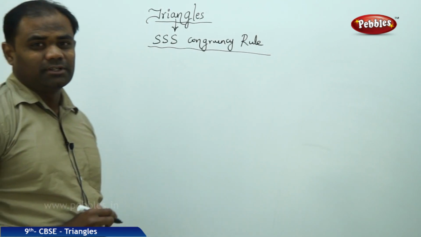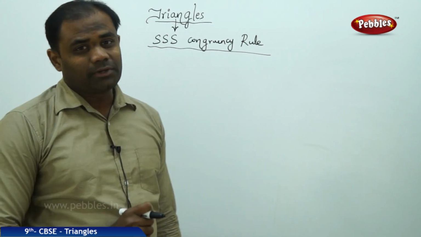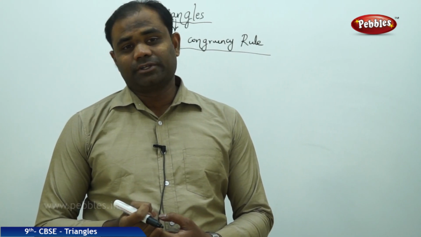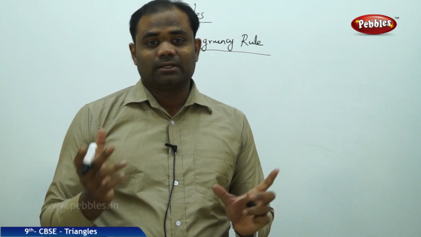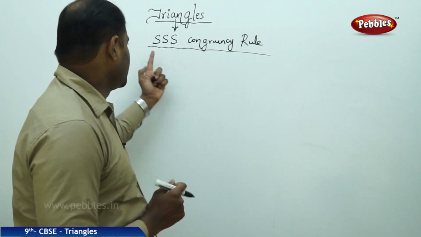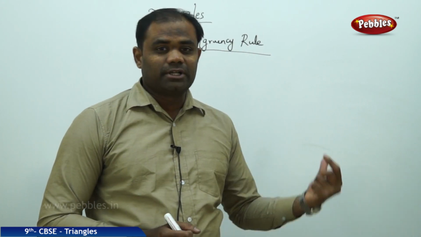As can be clearly seen, SSS refers to all three sides of the two triangles. It doesn't take into consideration any angle but only the sides. This is how we understand the rule initially with the SSS congruency rule. So let's take two triangles.